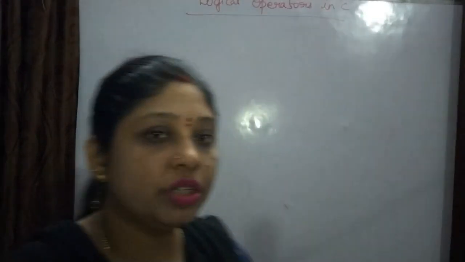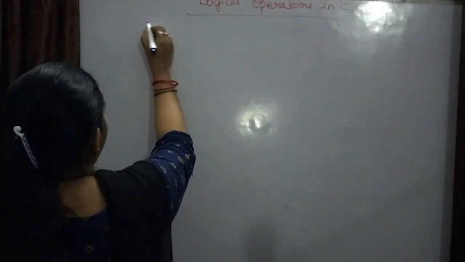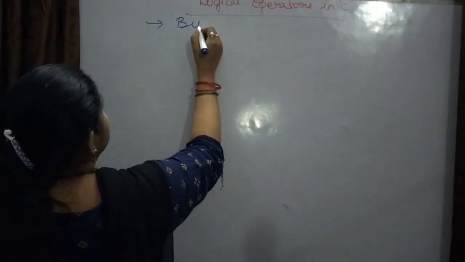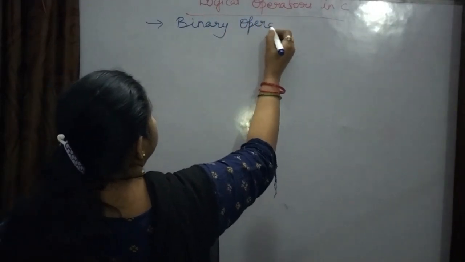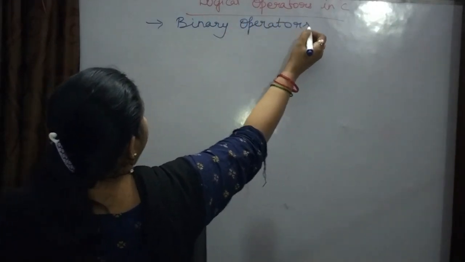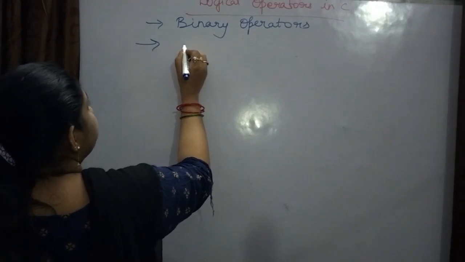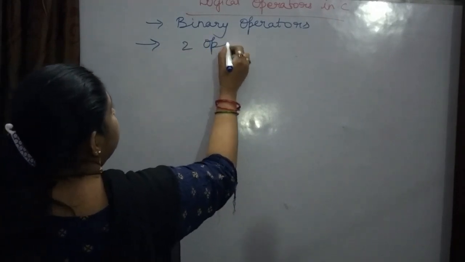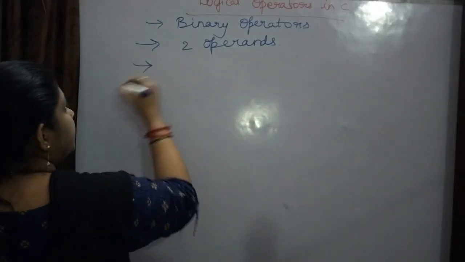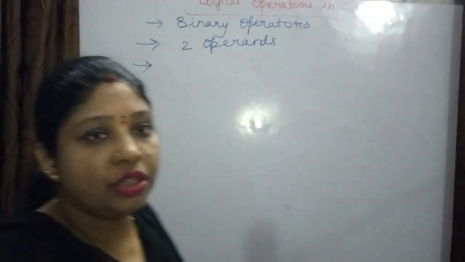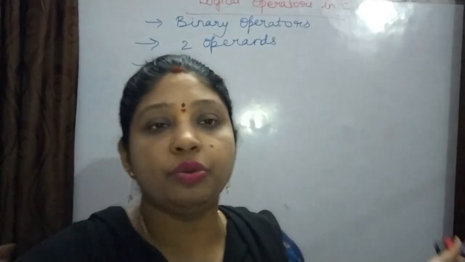First of all, logical operators are called binary operators. What is binary? Binary operators means a minimum of 2 operands should be there, and these give some logic between 2 operands.